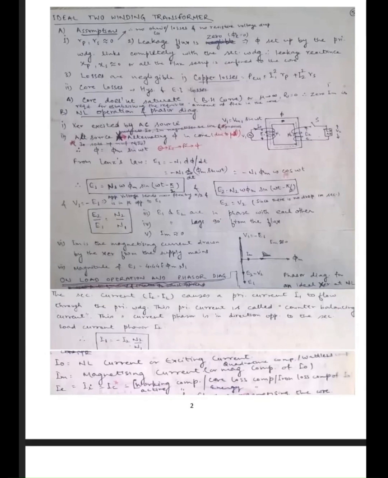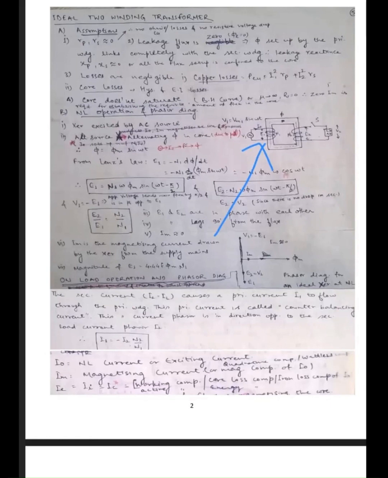Okay, so when there is no leakage flux, it means that all the flux generated on the primary side is linked to the secondary side.